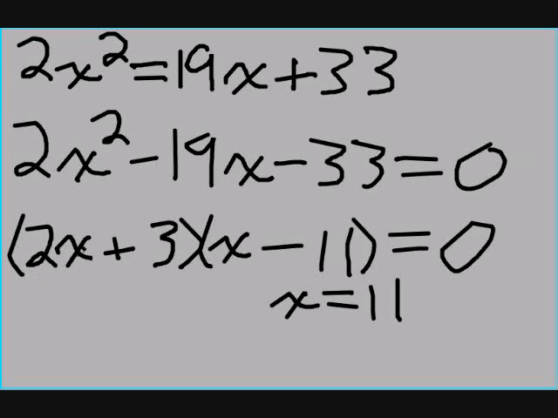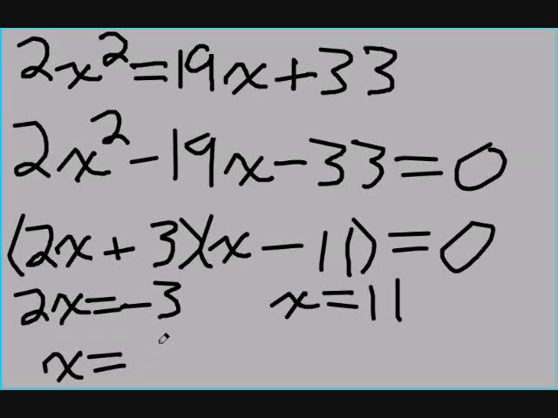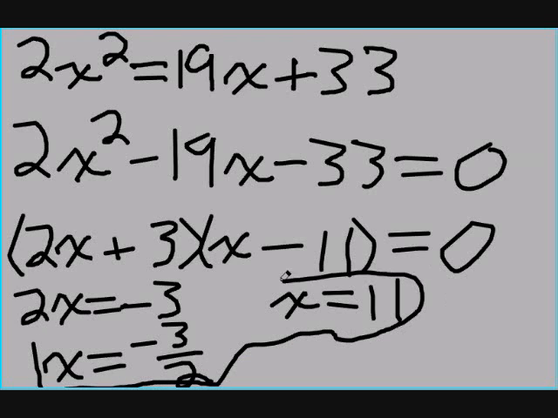Or 2x plus 3 is 0, you get 2x equals negative 3, or x equals negative 3 halves. Right? So you have two solutions, x equals negative 3 halves, x equals 11.